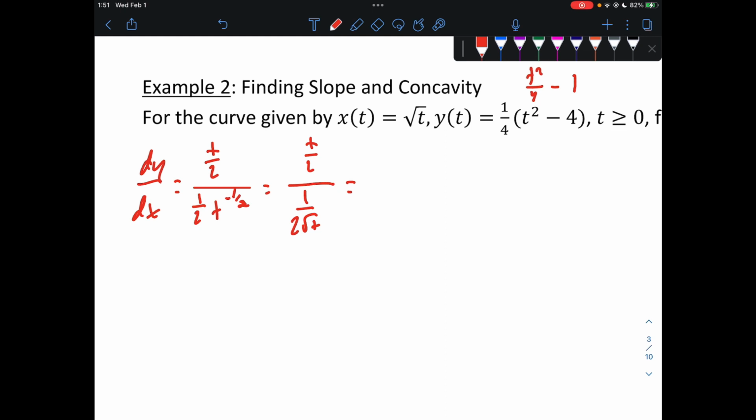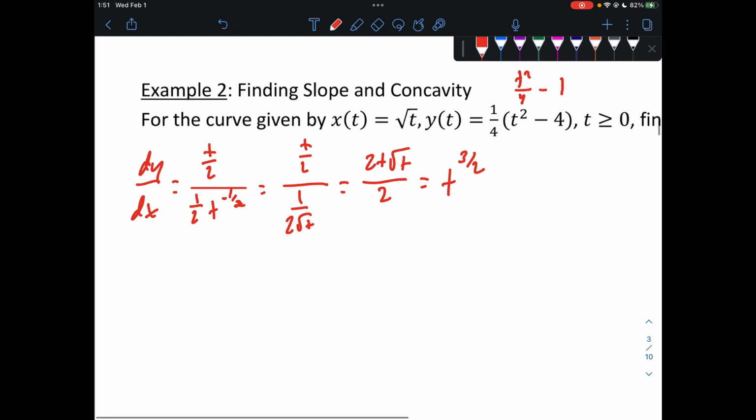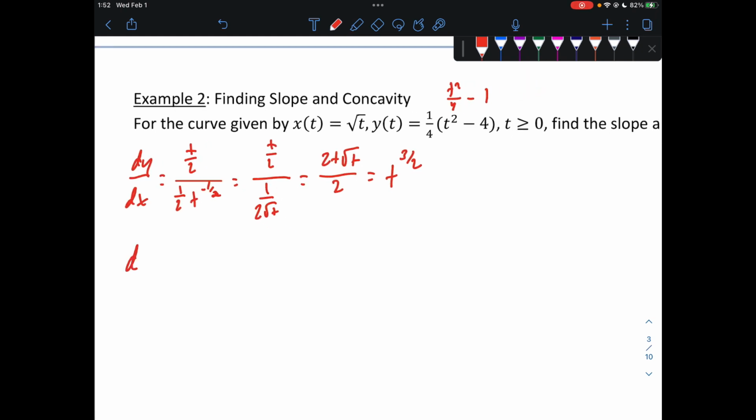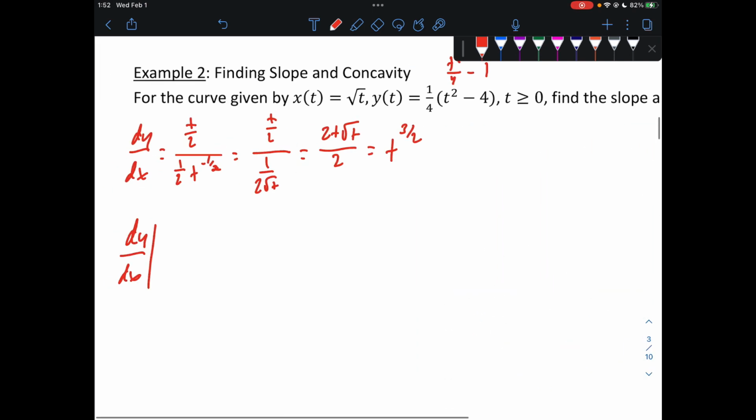All right, then if you flip and multiply, this would be 2t root t over 2, which you can simplify even further to t to the 3/2. All right, so if we're going to find the slope at the point, what was the point again? 2, 3.